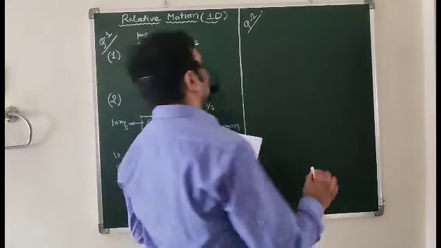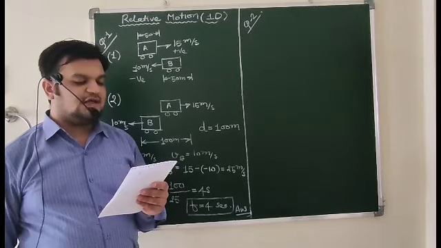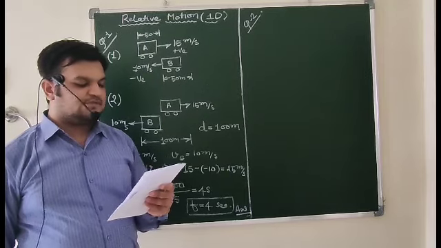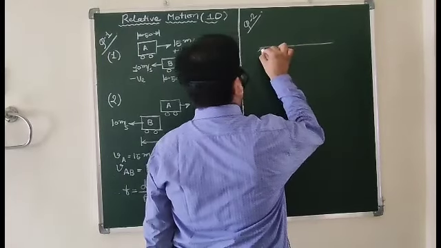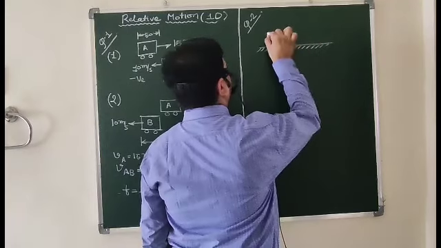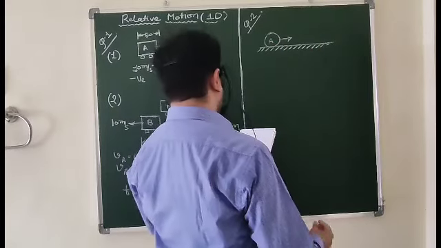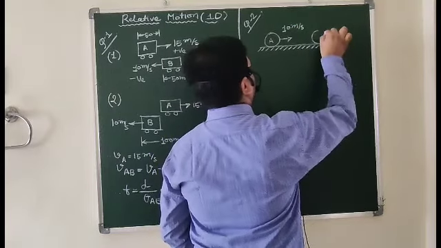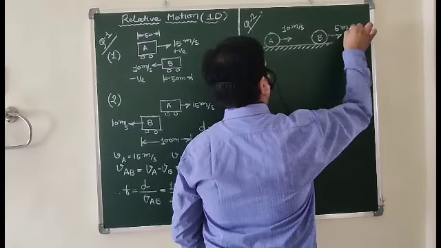So now, the initial position from the first statement: an object A is moving with 10 meters per second and object B is moving with 5 meters per second. Here one flat surface is there. Object A is moving with 10 meters per second and object B is moving with 5 meters per second.